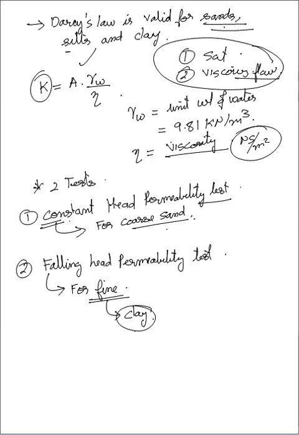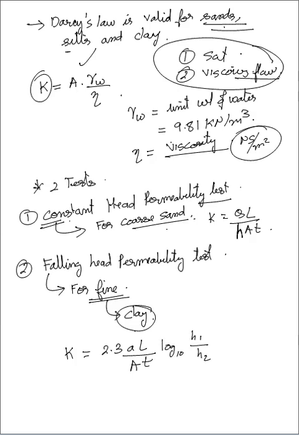The respective formula of permeability is K is equal to QL upon HAT. Q is discharge, L is length of the sample, H is the head, A is area, and T is the time. In the same way for falling head permeability, the formula is K is equal to 2.3 aL divided by AT log to the base 10 H1 by H2.